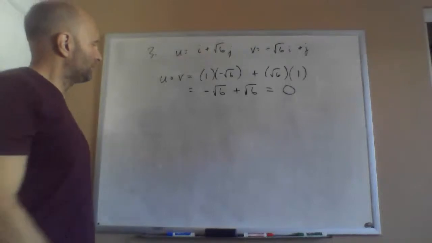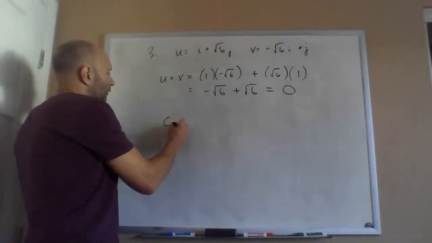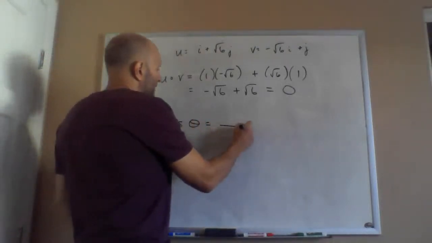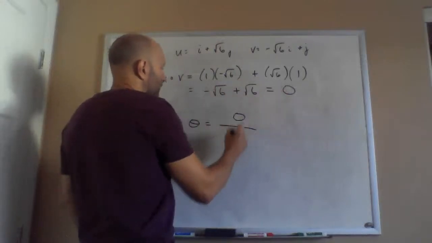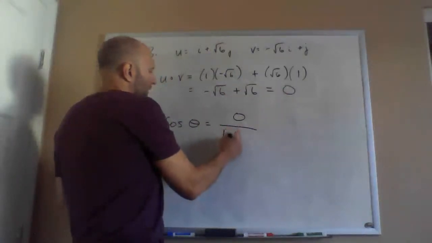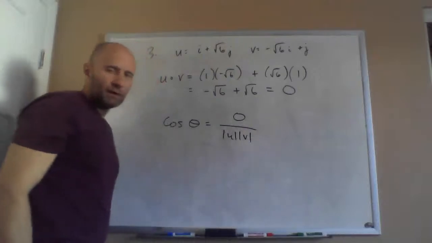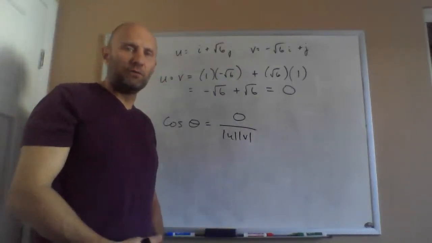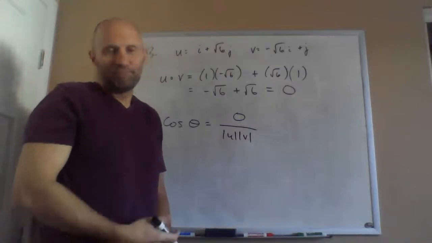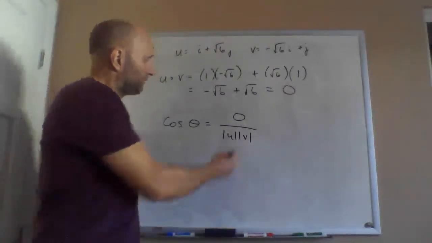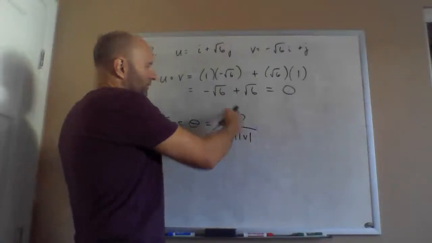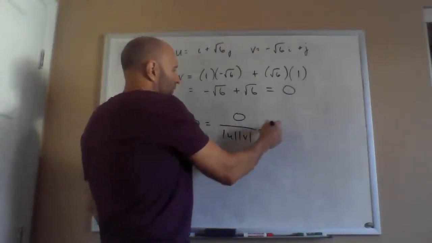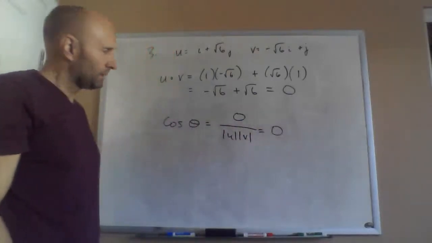So for the second part, the angle between, we have cosine of theta is the dot product 0 over the magnitude of U and the magnitude of V. Well, do I need to calculate the magnitude of U and the magnitude of V? The answer is no. It doesn't matter what these numbers are because it's 0 divided by some number, which is 0.